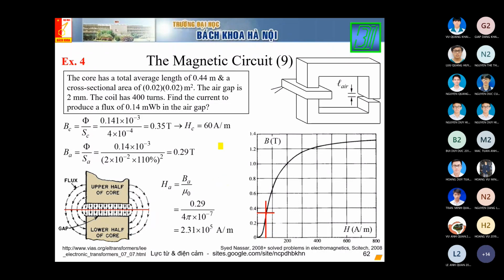Please notice that H of the core is much smaller than that of the air. Because the permeability of the air is very small, in order to maintain the same magnetic flux, H in the air must be very high like this.